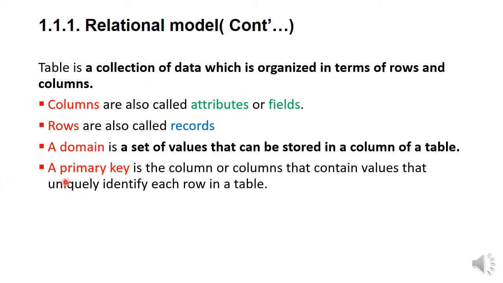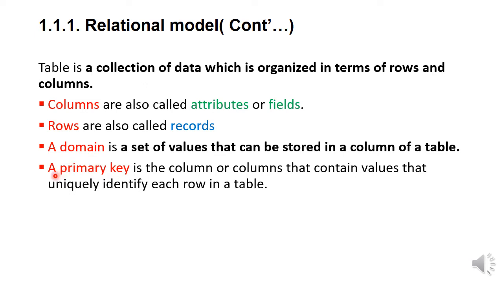So, a primary key should be a single column or a group of columns whose values, or data stored within that column or columns, uniquely identify each record. That is what we call a primary key.